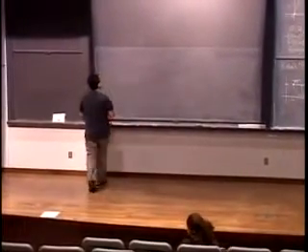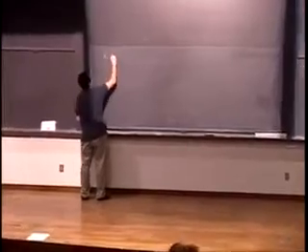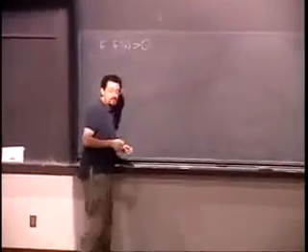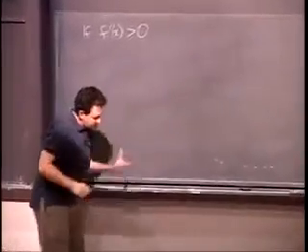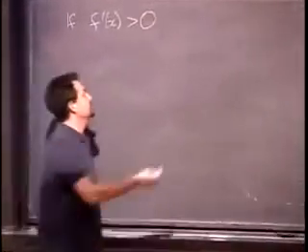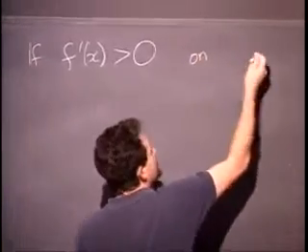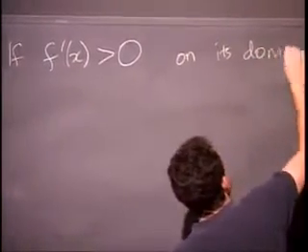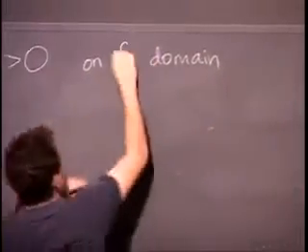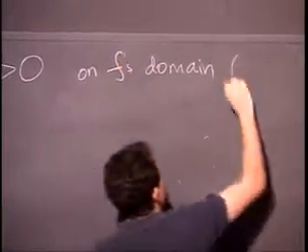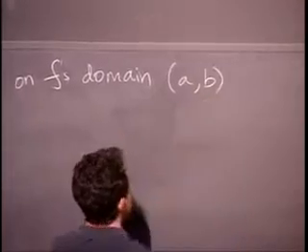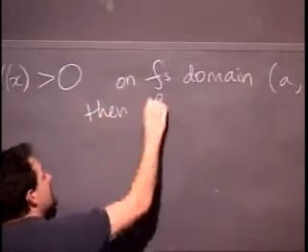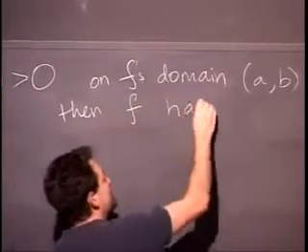And what I said was, if f prime of x is greater than 0, so if f's derivative is always positive on some interval in f's domain, say AB, then f has an inverse.